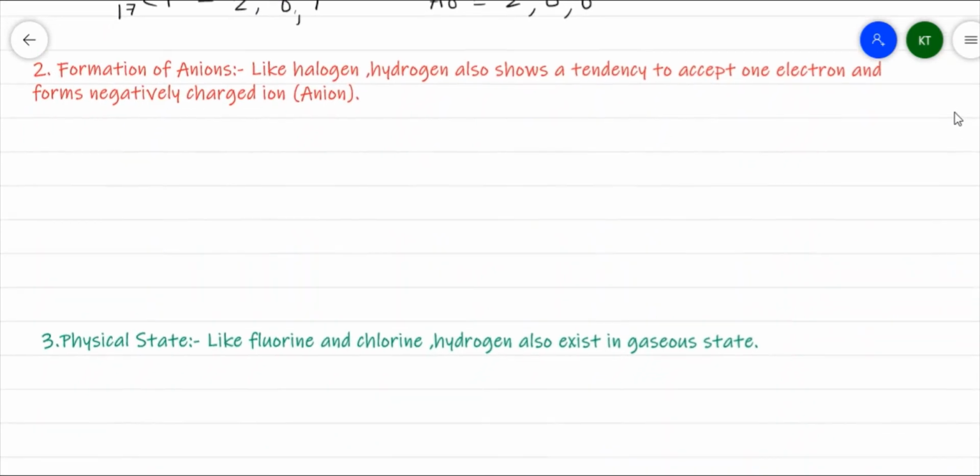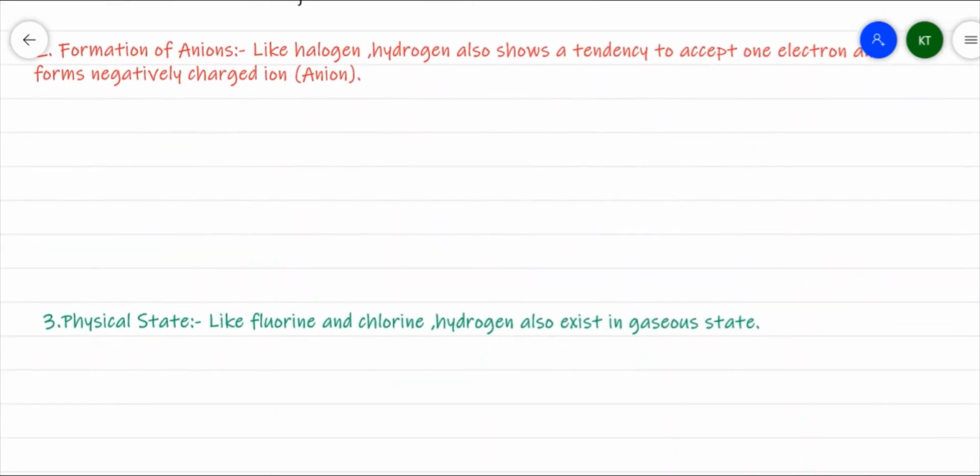Now, the second point is the formation of ion. As we have seen earlier, halogens have 7 electrons in their outermost shell, so they tend to attain an octet by gaining one electron. Here, like halogens, hydrogen also shows a tendency to gain one electron so as to form a negatively charged ion.